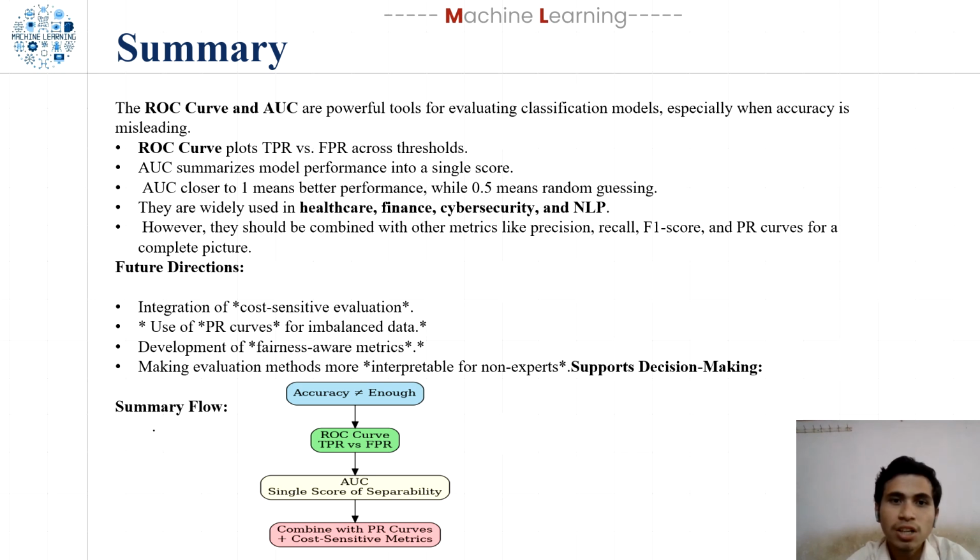In the future, research will integrate fairness, interpretability, and cost-aware metrics to make evaluation even more trustworthy. Here I have attached a summary flow of today's presentation, which shows the overall agenda we have completed in this presentation.